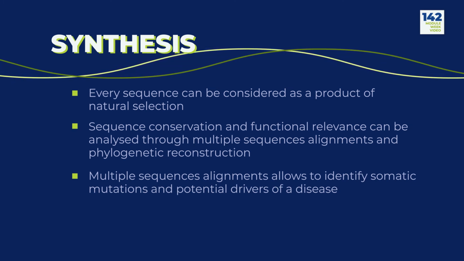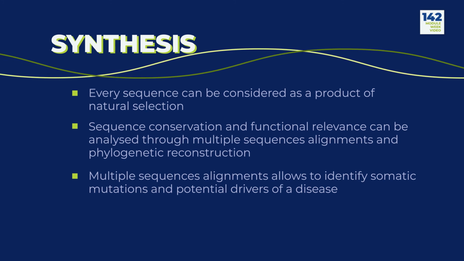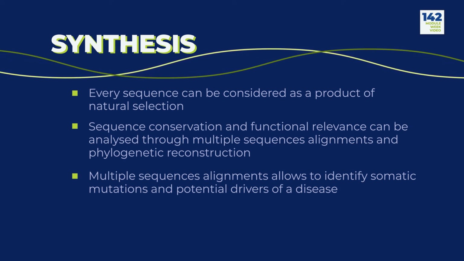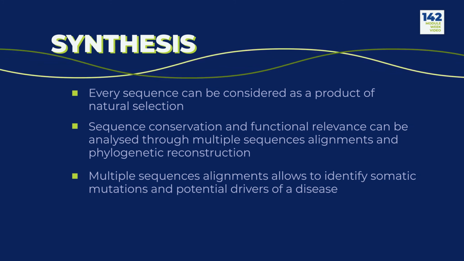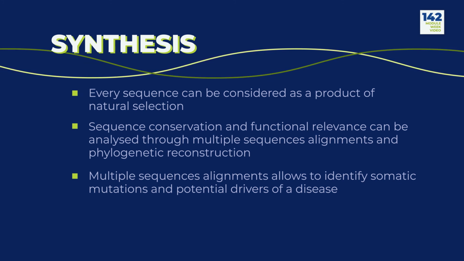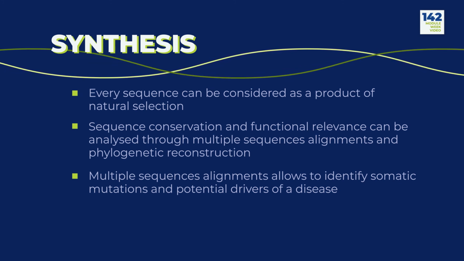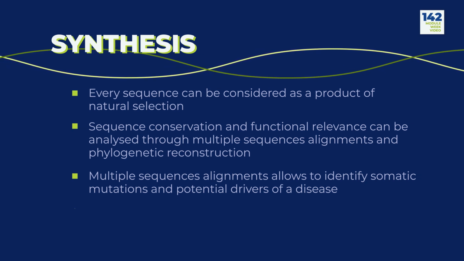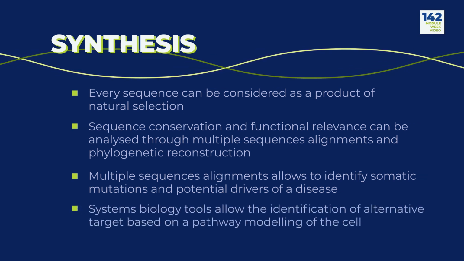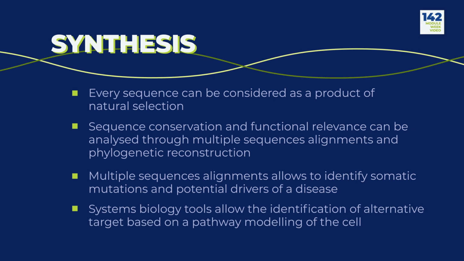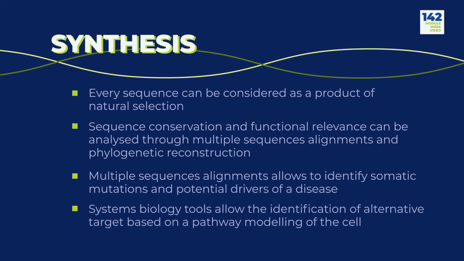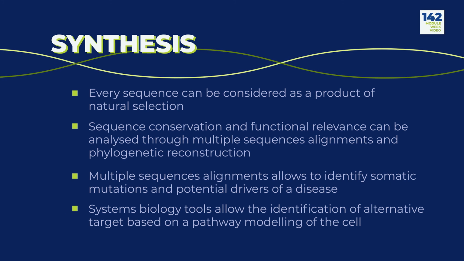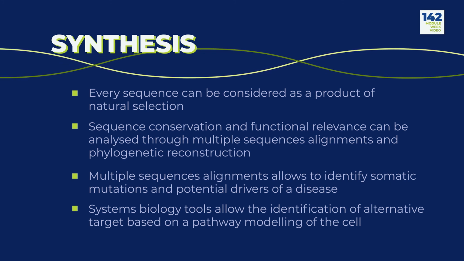Conservations revealed by multiple sequence alignments make it possible to identify somatic mutations and potential drivers of a disease. When the mutated genes are not actionable, that is, when they cannot be targeted with a drug, systems biology tools such as KEGG can allow the identification of alternative targets based on a pathway modeling of the cell.